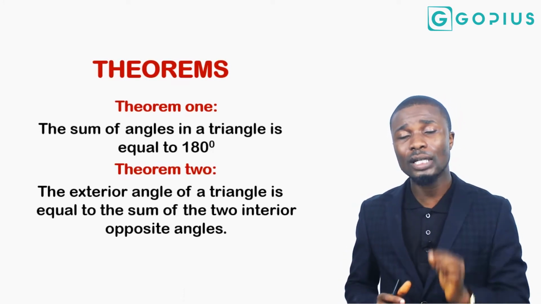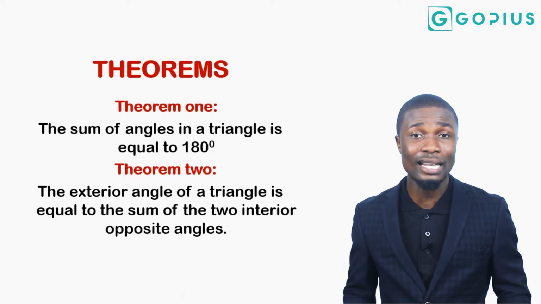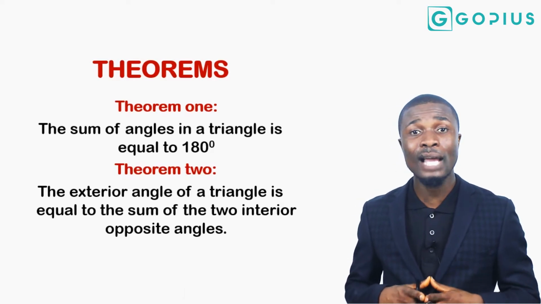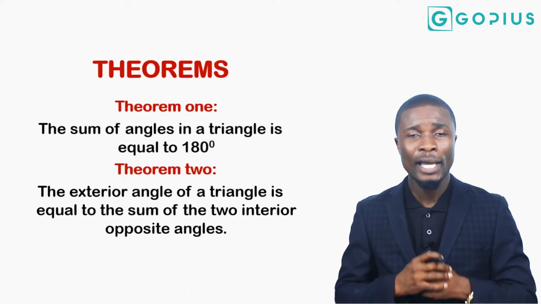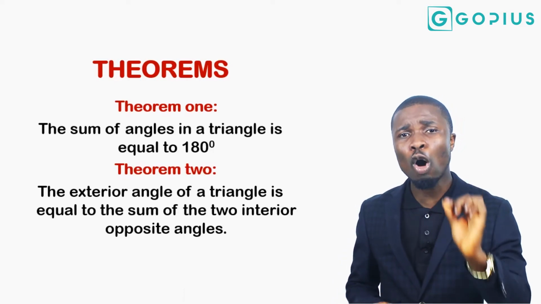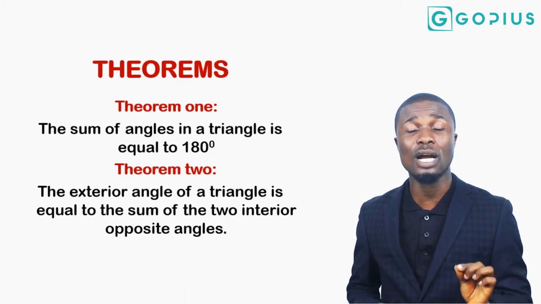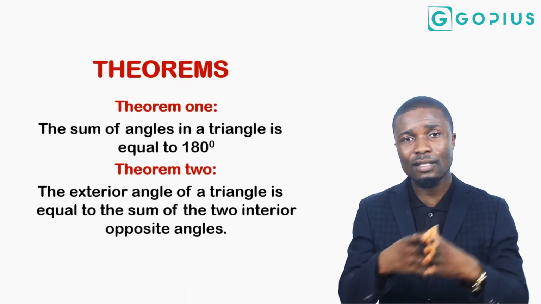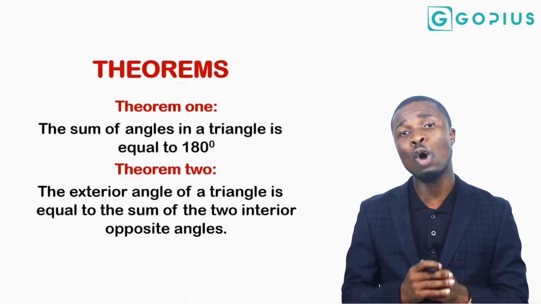If you take the equilateral triangle for instance, where all the three sides were equal and also all the three angles were equal, as I told you earlier, it means if all of them add up to 180 degrees, each of the angles of the equilateral triangle will give you 60 degrees. So we have 60, 60, 60 giving us 180 in all.